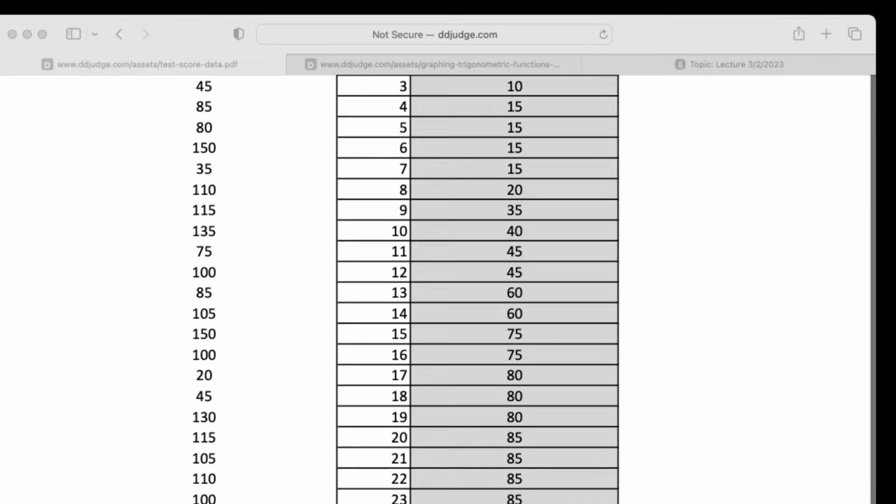So this is equal to what? 35. Now, what does this mean again? 18% of the data is less than what? 35, okay?